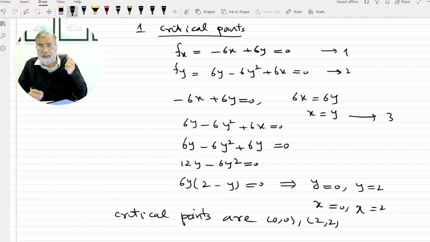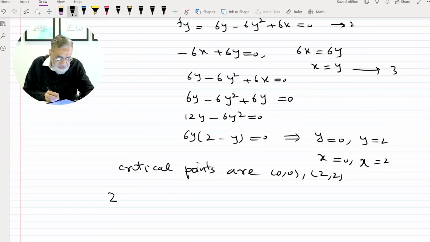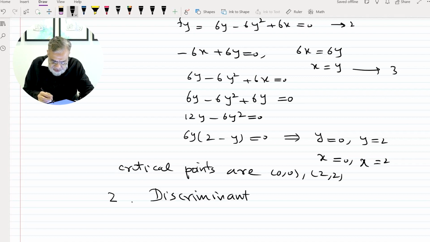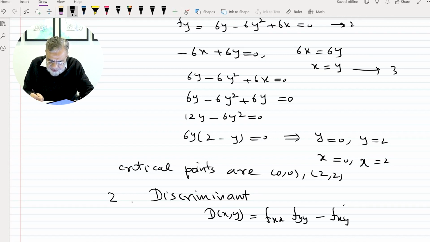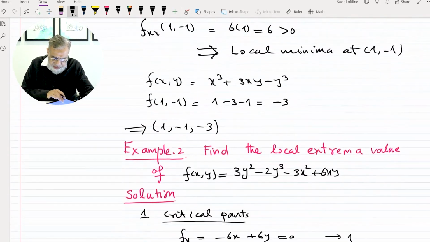At these two critical points, I can have a saddle point or a local extrema. To check that, second, I have to find the discriminant. The discriminant D(x,y) is f_xx f_yy − (f_xy)². So I go above and find the second derivatives of my function.